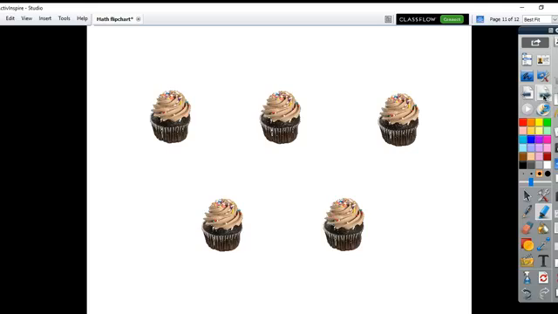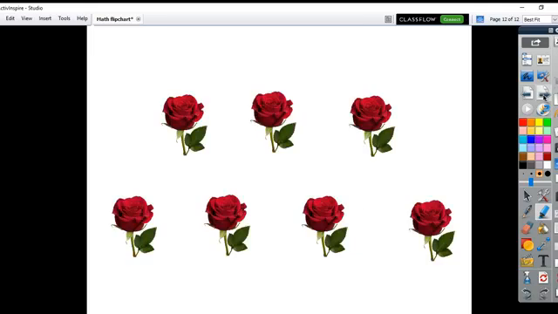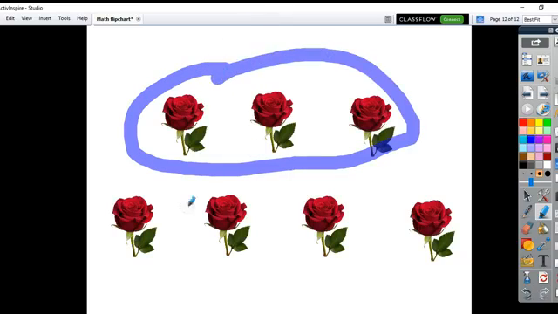All right, here's your next picture. Talk with your parents or talk with who's beside you and tell them, what do you see? How many you see? How did you see it? Did you see 3 and 4?